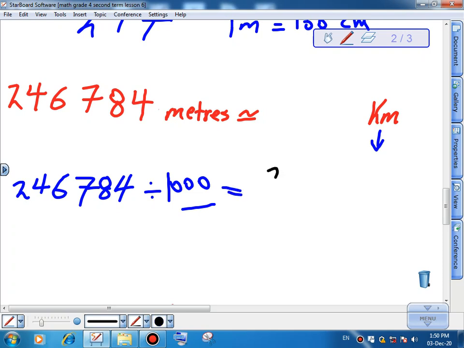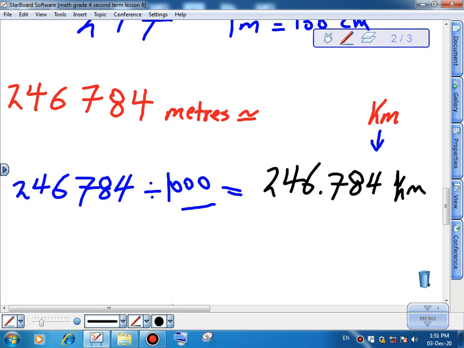It will be 246 point 784 kilometers. Did I solve the question? No, I only transformed meters to kilometers. Now I can approximate to the nearest kilometer.